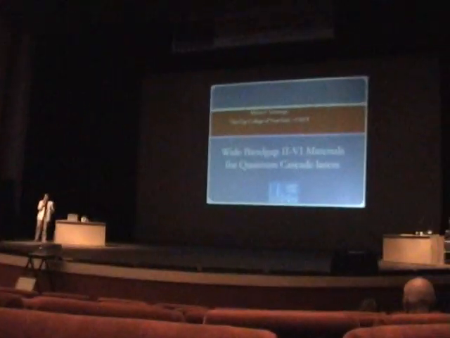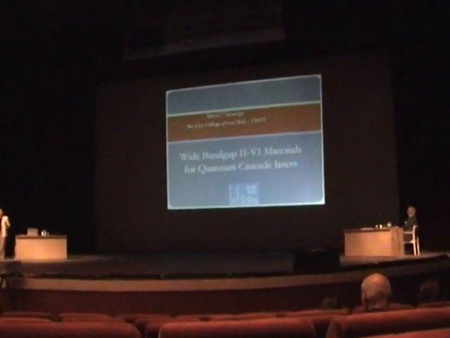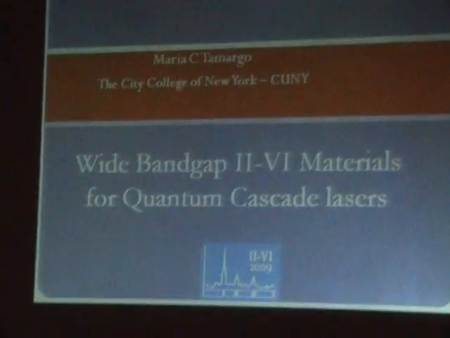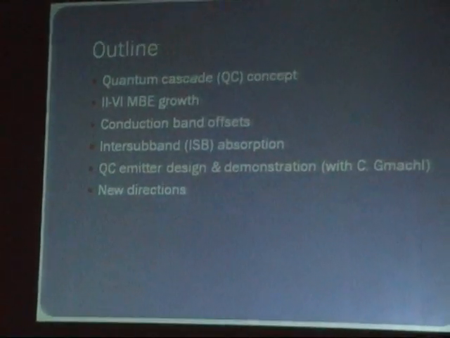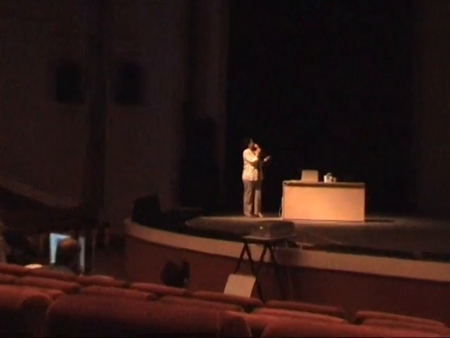...at City College of New York, in collaboration also with the group of Claire Gmachl at Princeton. The outline of my talk is the following. First, I will describe the quantum cascade concept as a form of introduction and motivation, and then talk about our 2,6 MBE growth.